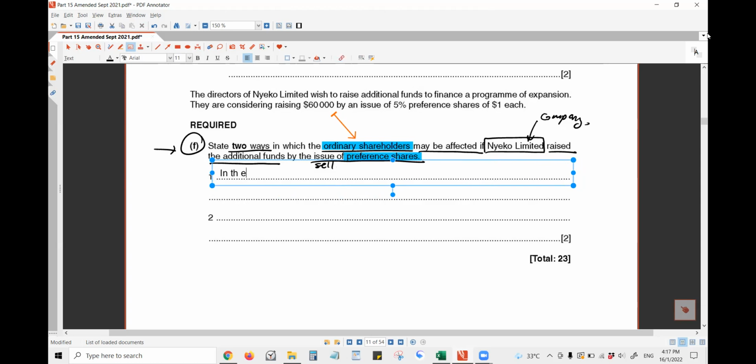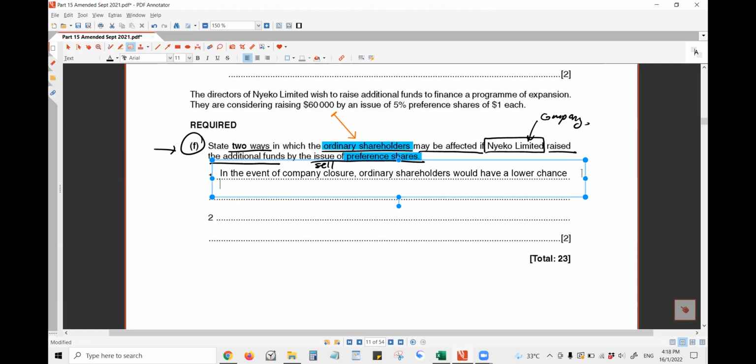You write, in the event of company closure, if I have more space, I would like to write there'll be preference shareholders who would make the claim first.